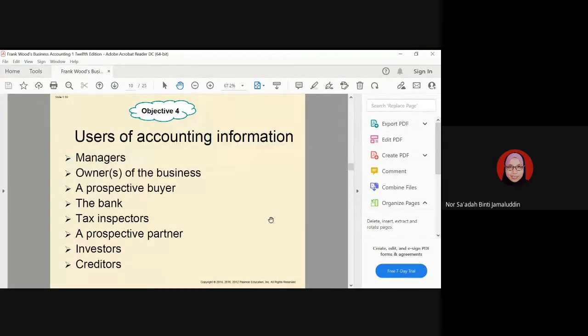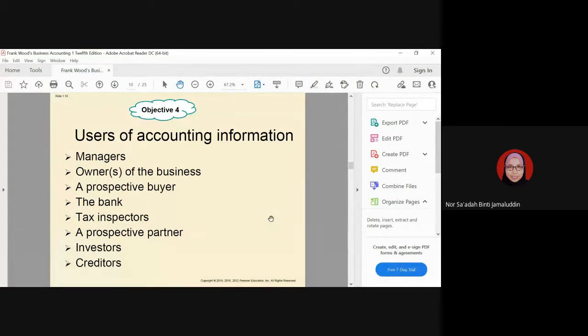Who are the users? Siapakah pengguna untuk accounting information? Managers, pengurus, owners of the business, a prospective buyer. Okay, someone that may be interested in buying one business, two businesses and so on. This is known as a prospective buyer. The bank is a third party. So apakah peranan bank? Maybe dalam satu company, kita nak run our business, we must have the capital.